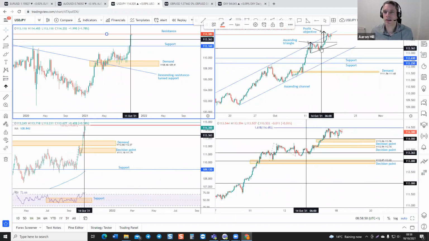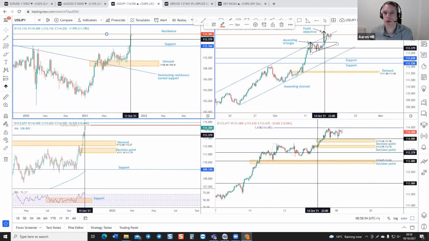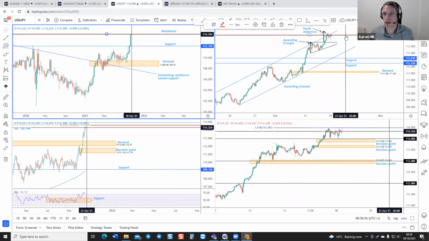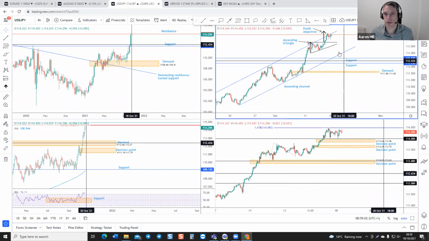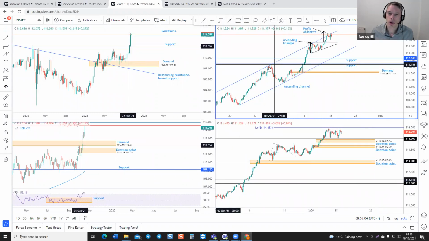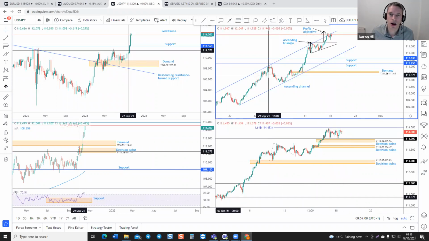Now, early Friday, we did break out of this ascending triangle formation and touch gloves with the weekly resistance, as I've just mentioned, at 114.38. This is the H4 time frame. Now, we're also testing H4 channel resistance, and this is taken from the high 112.05.